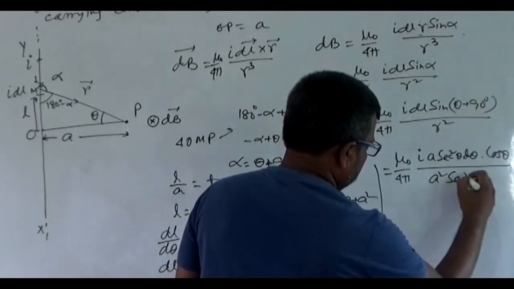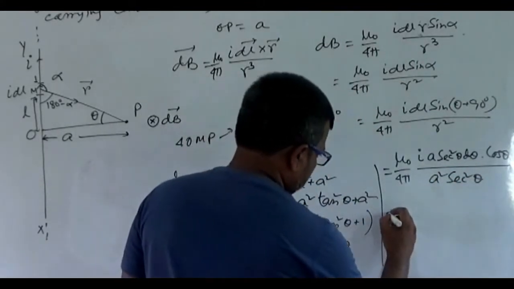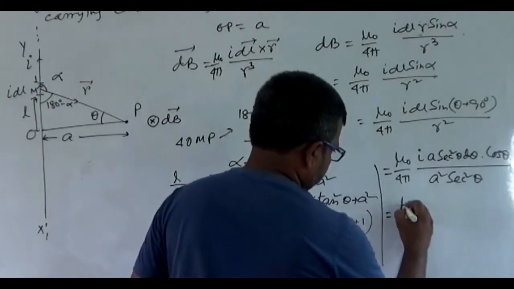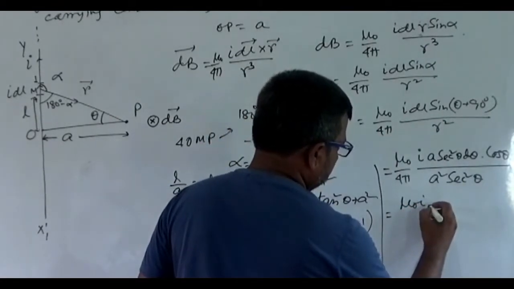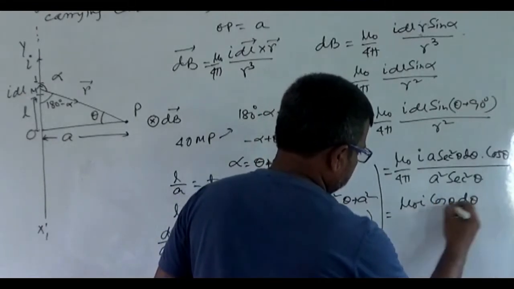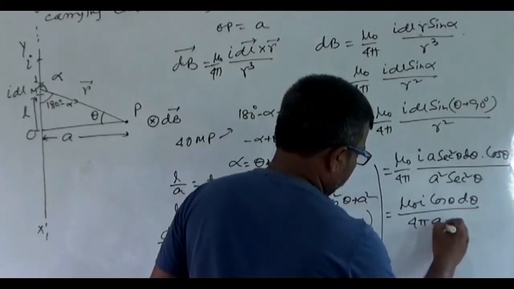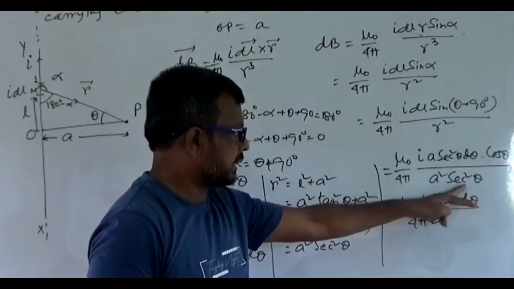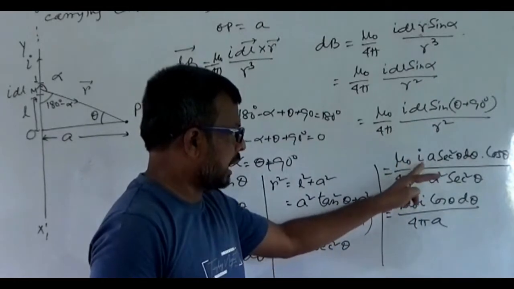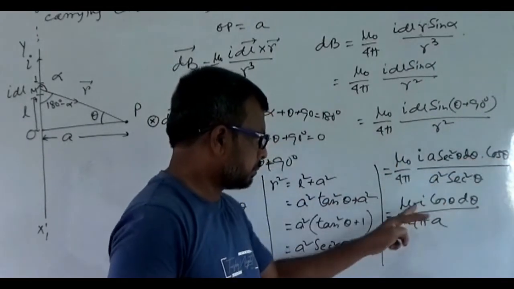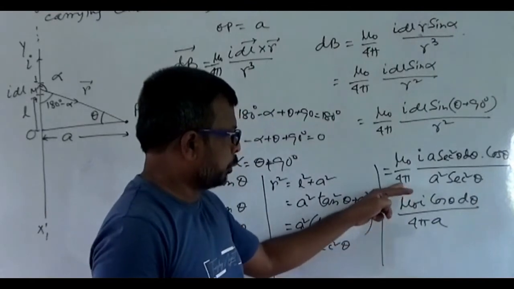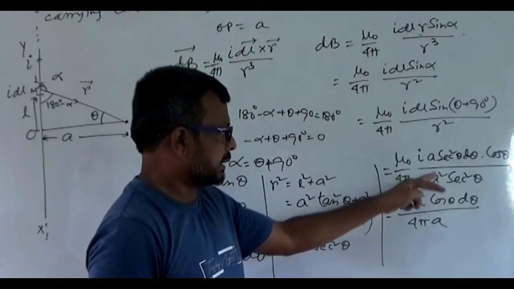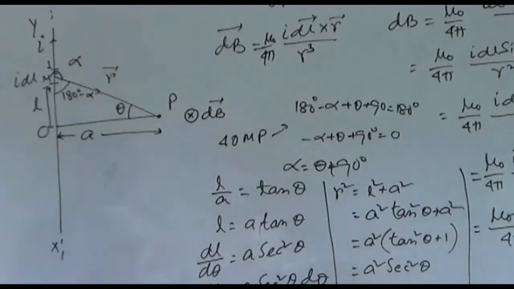Therefore, we get mu naught I cos theta d theta divided by 4 pi. A cancels out, sec square theta cancels out. That's why you get mu naught I d theta into cos theta, in the denominator 4 pi into A. This is dB, the field due to this current element.